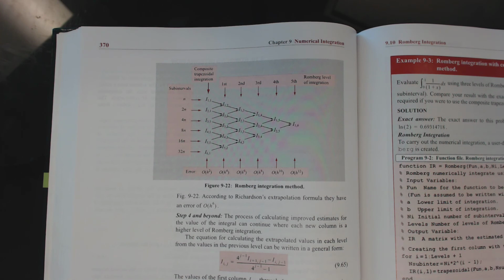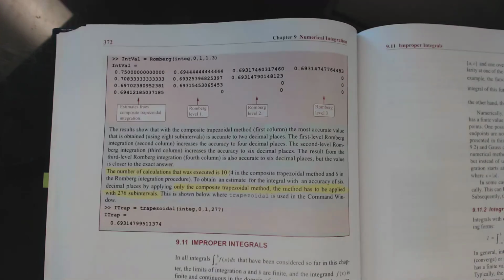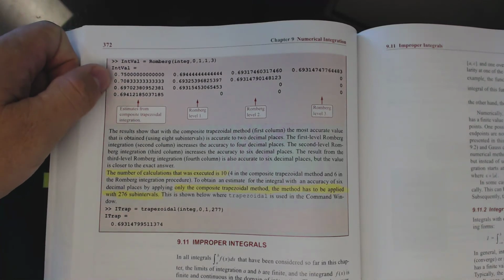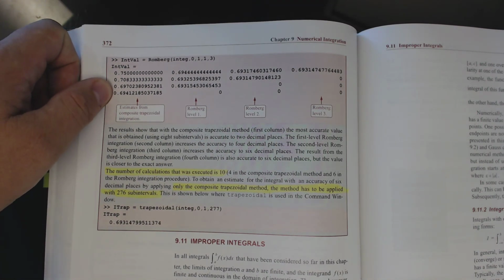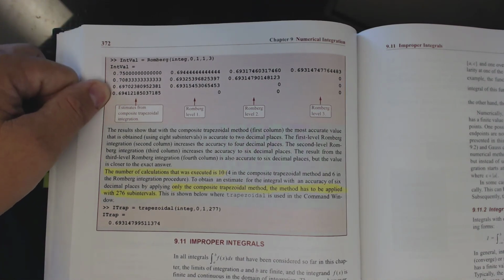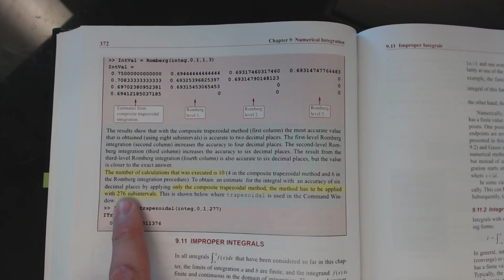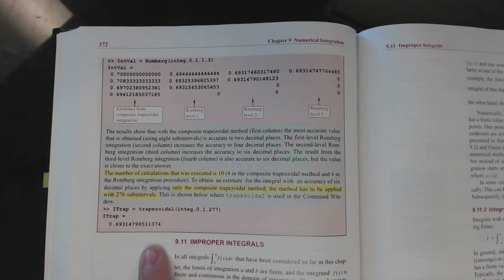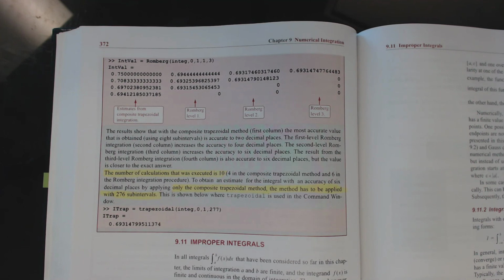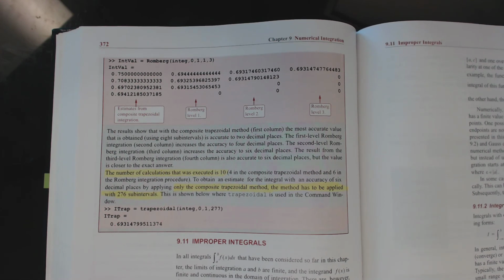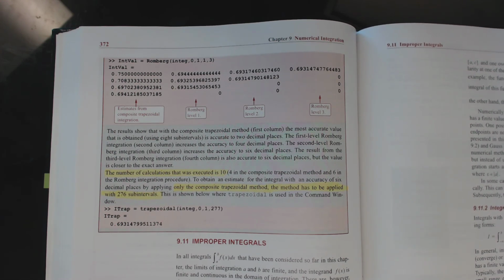Using initial size step of h equals 1 subinterval, so this would be 1, 2, 4, and 8 subintervals. Yeah, so it's 8 compared to 276. It really, really pays off to use Romberg to improve the estimate of trapezoidal integration. That's a very, very good way of taking a small number of points and getting a very accurate integration out of the region.